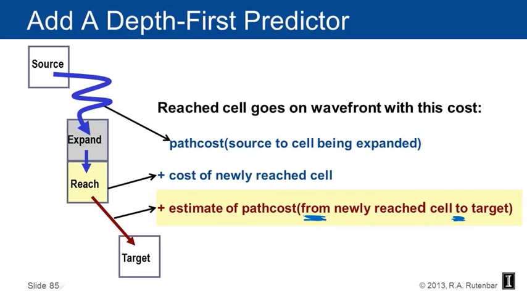Well, we haven't touched the target and we haven't completed the wire, so what do we do? We have something that we know, the path cost and the cell cost, and we have something that we estimate.